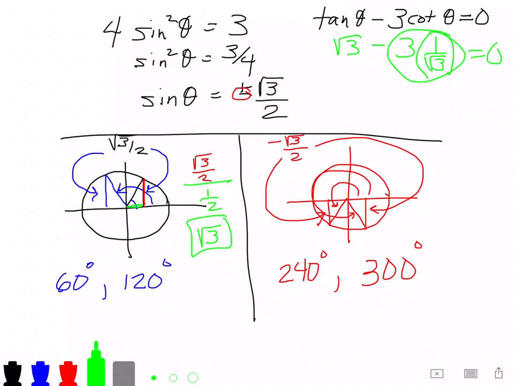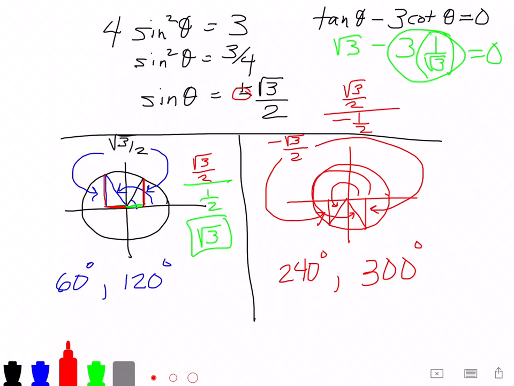Let's do a different color. I'm checking this one right here now. My tangent there is square root 3 over 2 over negative 1/2.